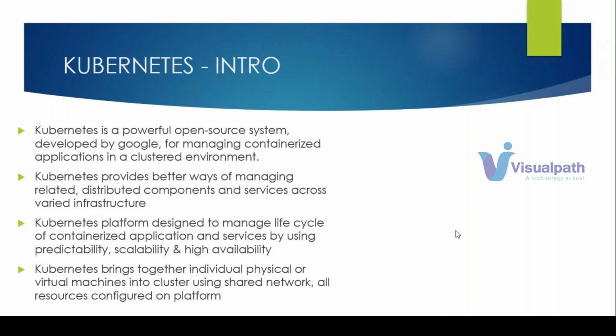It was initially developed by Google, but later on it became available as open source completely, and a lot of open source contributions are going on, but Google is also contributing there. Google has its own cluster management, known as GKE, Google Kubernetes Engine. Kubernetes provides a way of managing related distributed components and services across varied infrastructure.